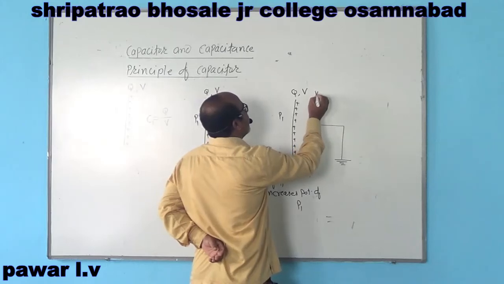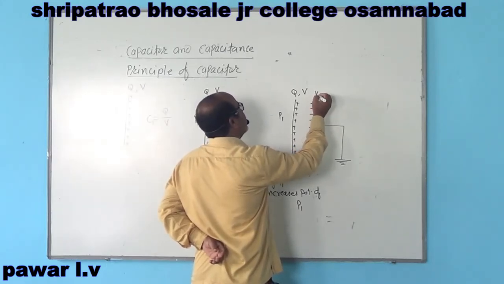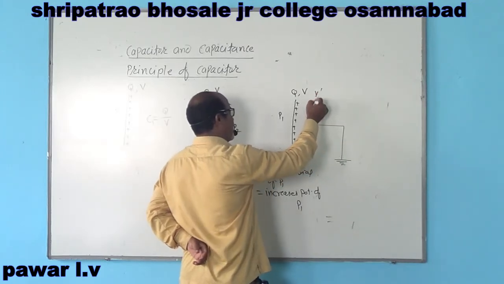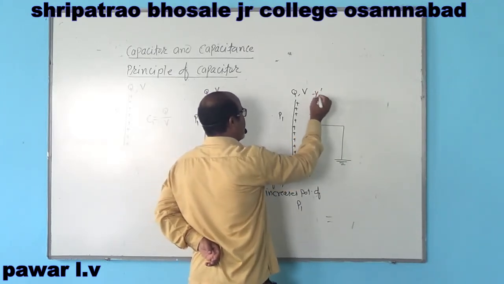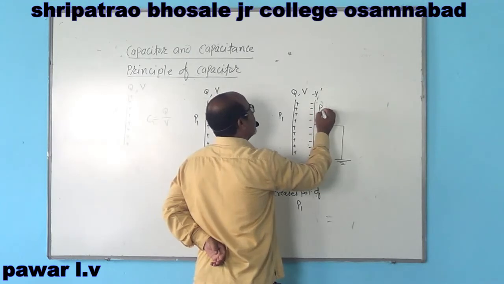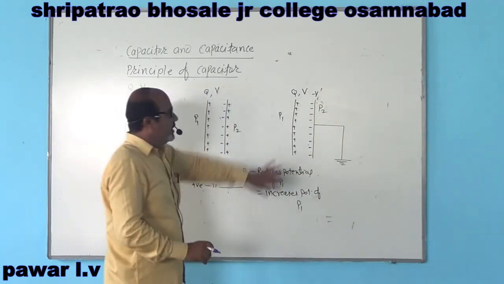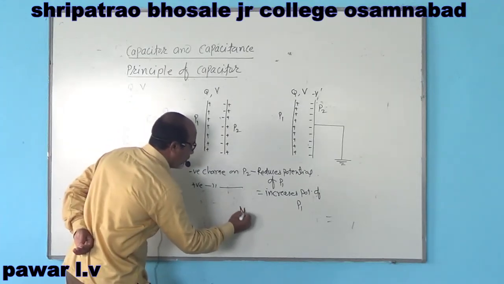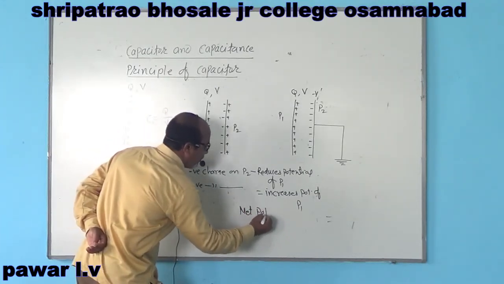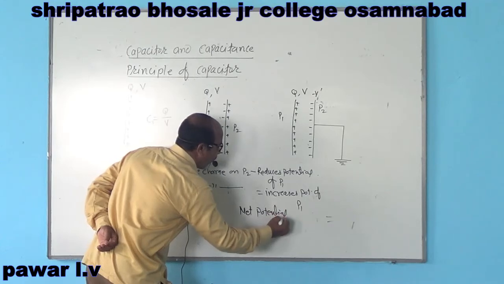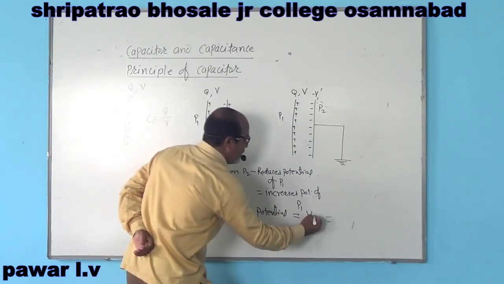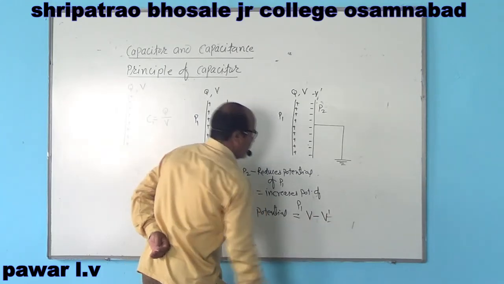Let V dash be the potential of this plate P2, it will be minus V dash. The net electric potential of the arrangement is V minus V dash.